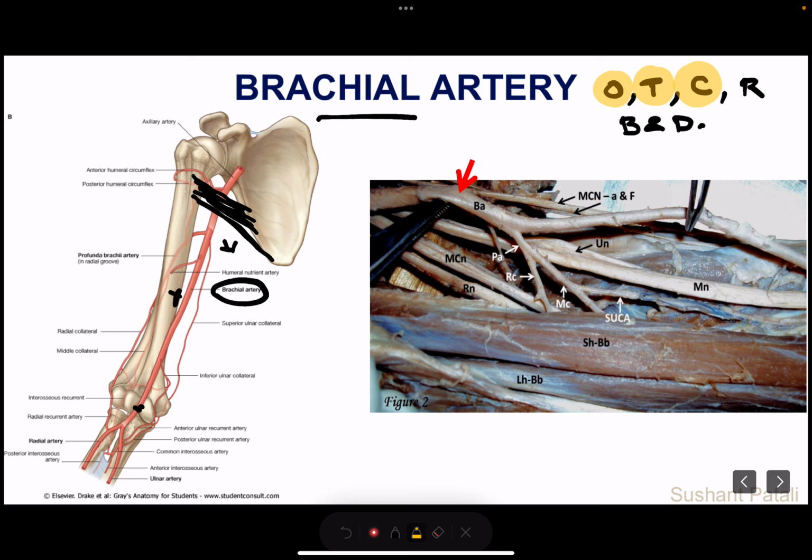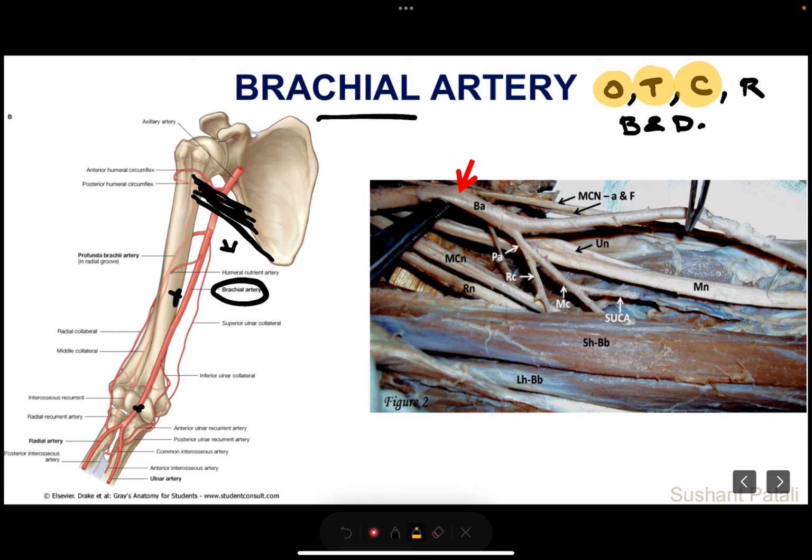In the arm, it lies immediately deep to the deep fascia, and it is accompanied by a pair of venae comitantes. All right, so that's the course.